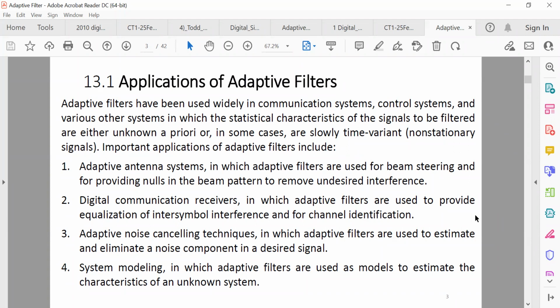We can use this adaptive filter. So an adaptive filter used in an antenna system is termed an adaptive antenna system.